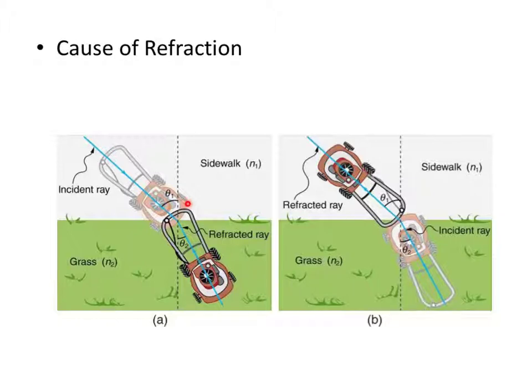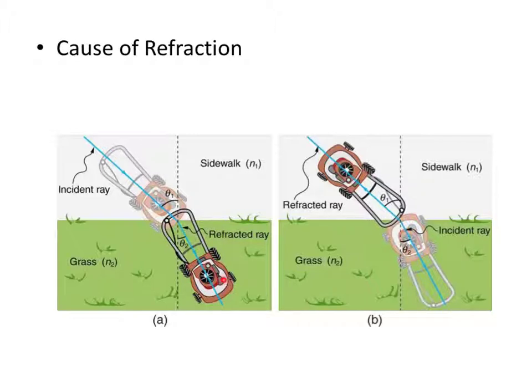Well, if you don't steer it, the lawnmower is going to tend to shift its direction, like so. It's going to rotate around here, and it's going to follow this path right here. So this is very analogous to what happens with light rays as they go from a medium where they go faster to a medium where they go slower.